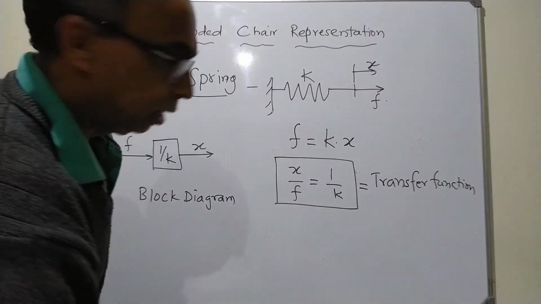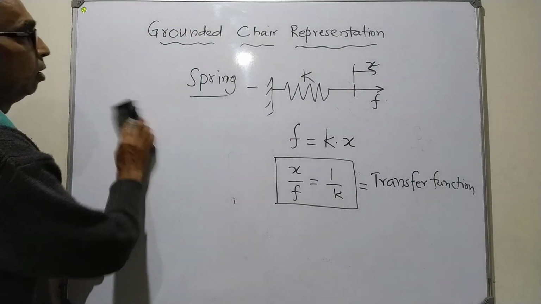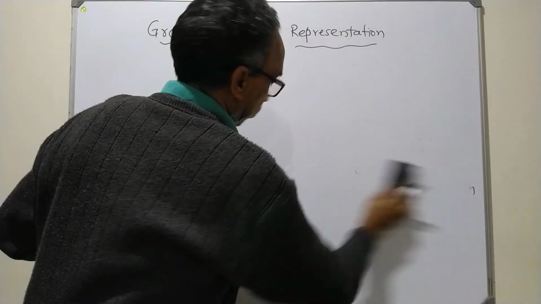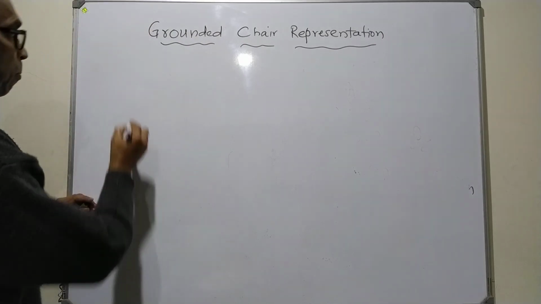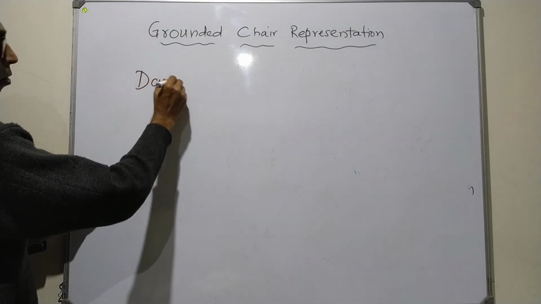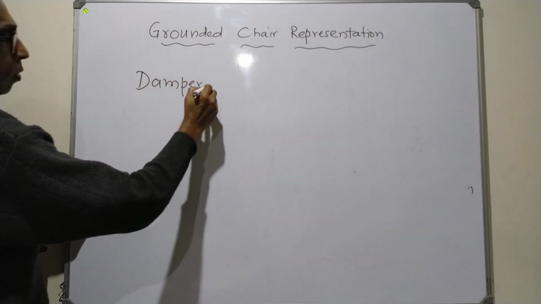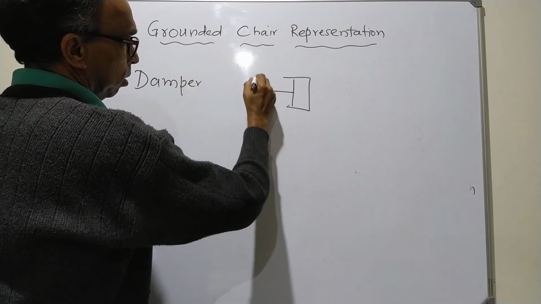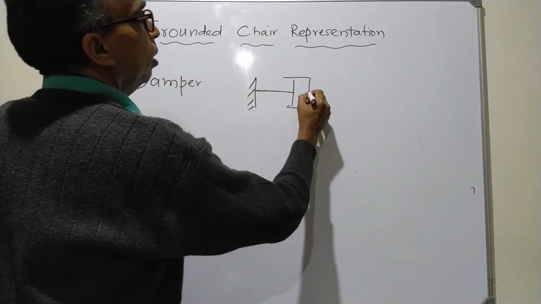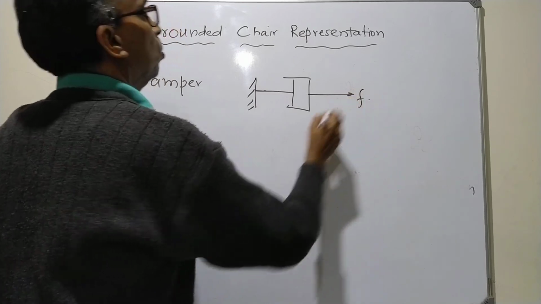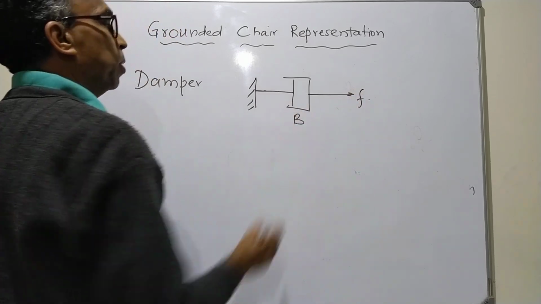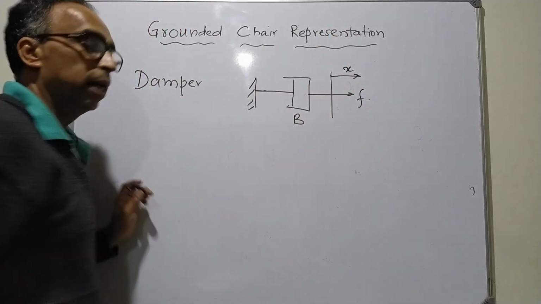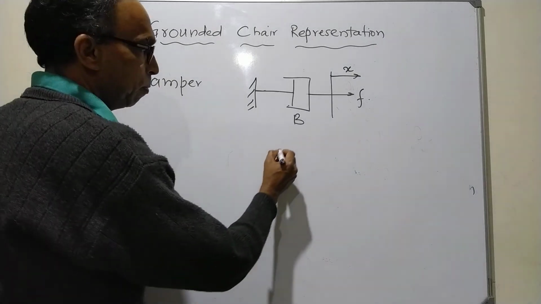Isn't it? And thereafter we discussed about a damper, which was represented by, this was a fixed end, if you remember, and this was subjected to force F. This is having damping coefficient B, and because of this force F, it is subjected to displacement X. And how was the equation for a damper?